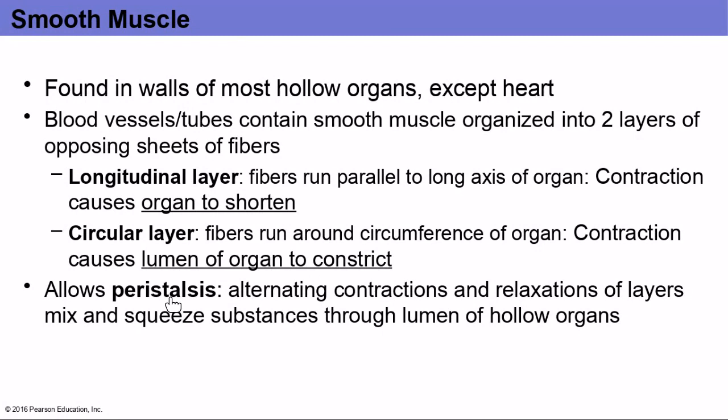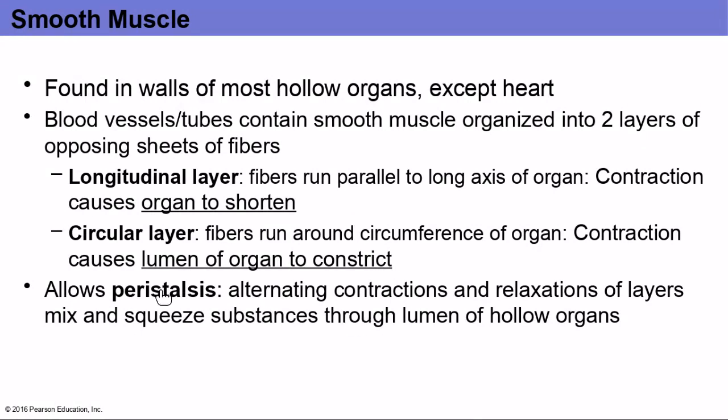It's a special kind of movement or contraction that takes place in hollow organs, like the intestines, for example. You'll have alternating contractions and relaxations of these layers, and this allows something to flow through that lumen. In the example of digestive system organs, this alternating contraction between these two layers helps propel food along.